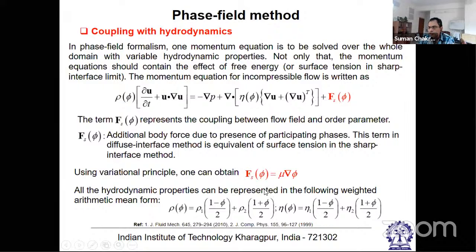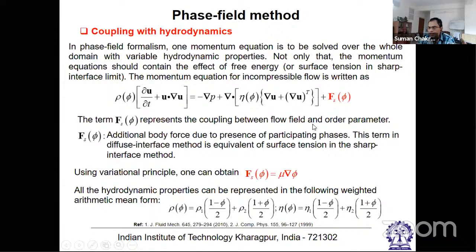and this body force you can write as mu into gradient of phi. But this mu is chemical potential, it is not viscosity. So for viscosity we have used a different symbol, eta. And from this you can clearly see the connectivity of this with surface tension. Surface tension was also an interfacial force which is associated with the gradient of the order parameter.